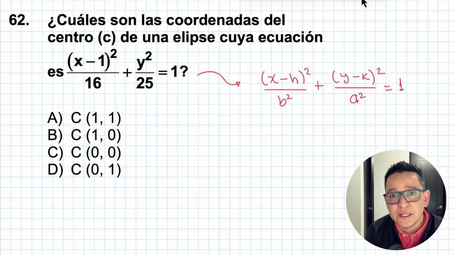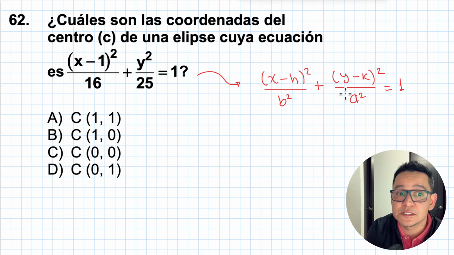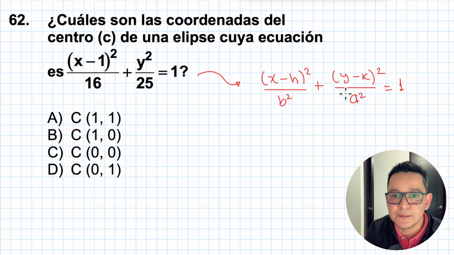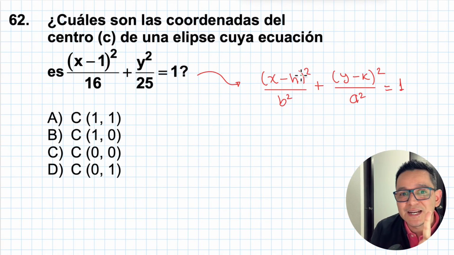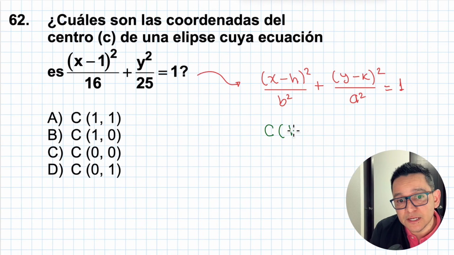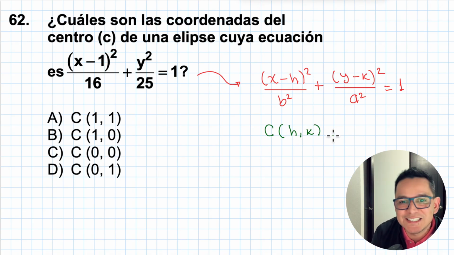I'm not interested right now, to solve this exercise, in whether it's a horizontal or a vertical ellipse. For now, what really matters are the coordinates of the center. It says that for the ellipse, the center has coordinates (h, k).